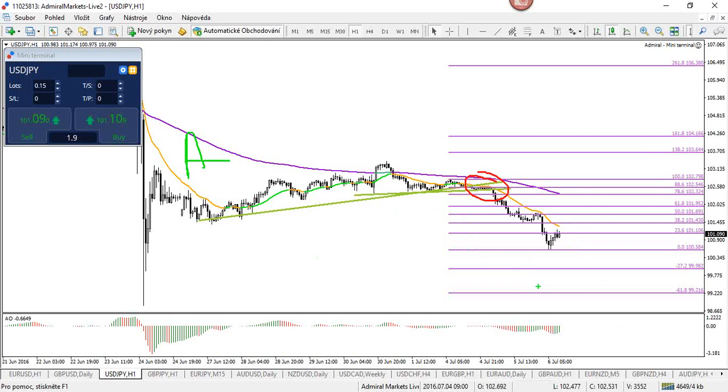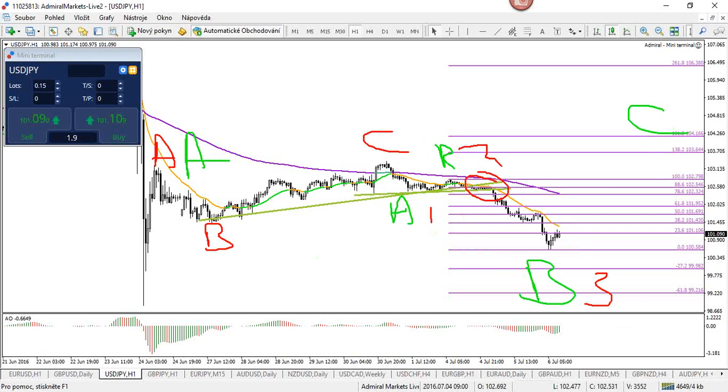If this is an A, B, C, or if this is the alternative, where we're starting here 1, 2, 3, right? Green and red are alternative scenarios. Both scenarios, both wave counts here at that point, whether it's a wave 3 or wave C breakout, show that there's a good chance of a breakout to the downside in both scenarios.